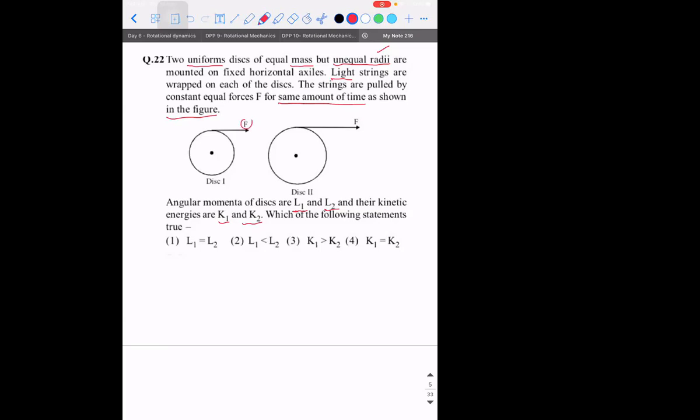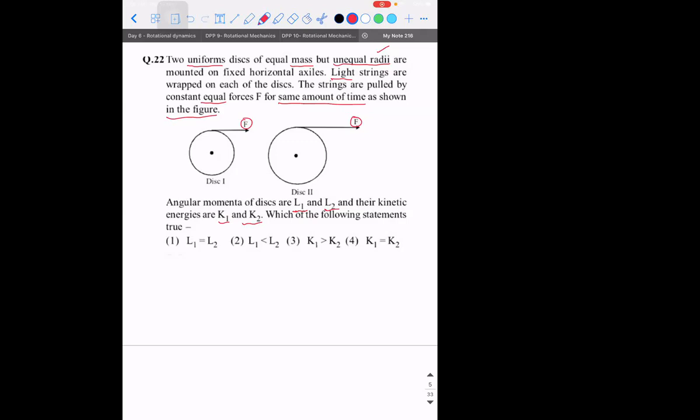So the same force F is applied, constant equal forces F. Now what are they asking?